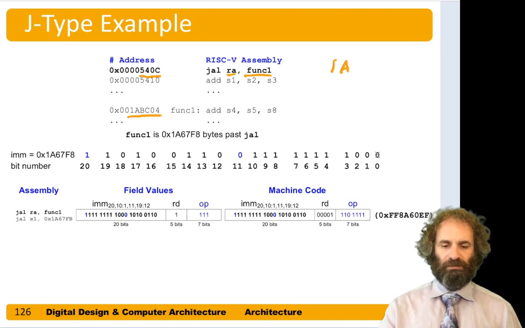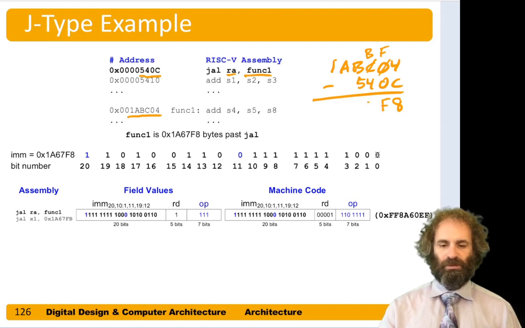So 1ABC04 minus 540C, well, 4 minus C we can't do, but 14 minus C is 8. We had to borrow 1, get an F here, and a B here. F minus 0 is F, B minus 4 is 7, B minus 5 is 6, A minus 0 is A, and 1 minus 0 is 1. So funct1 is an offset of 1A67F8 bytes past the jump and link.